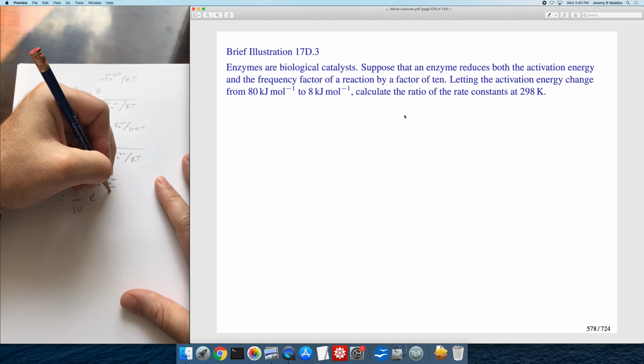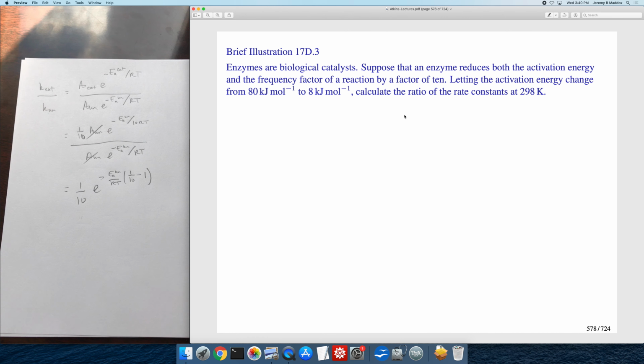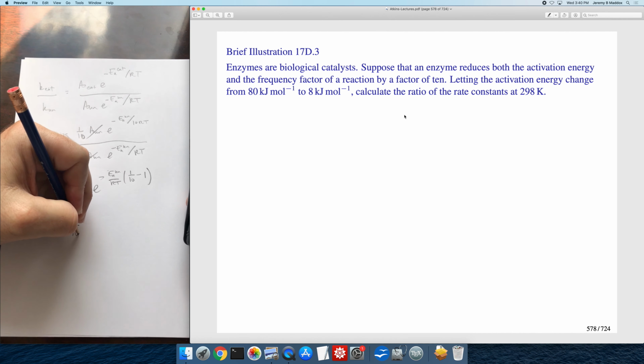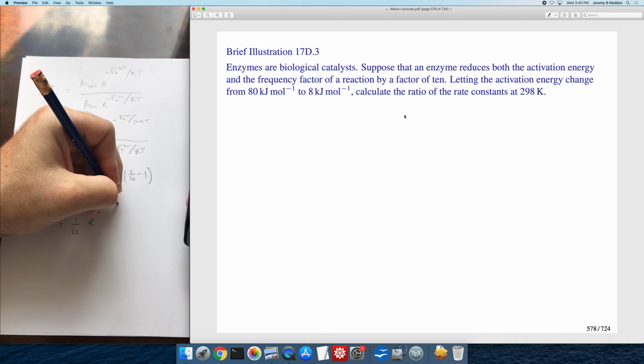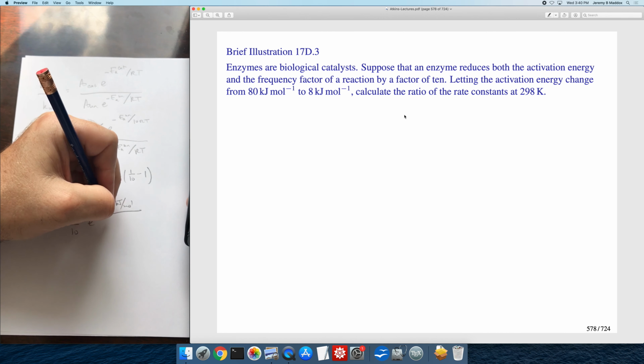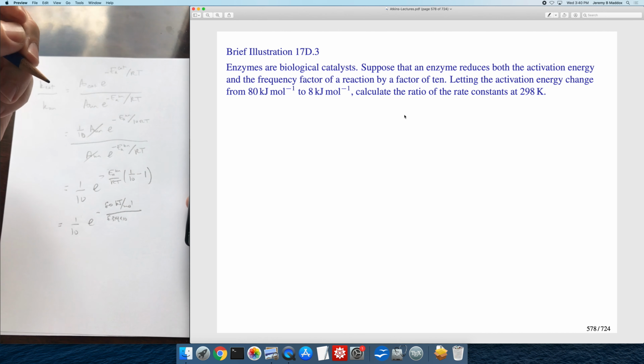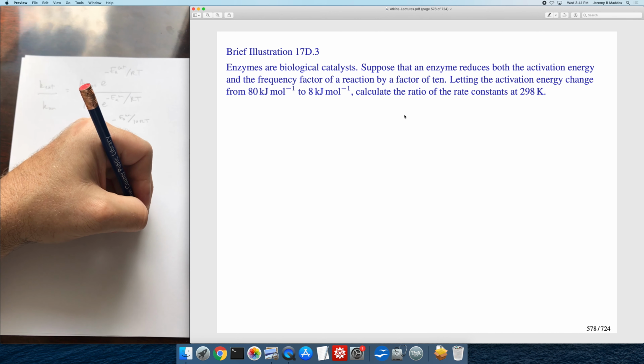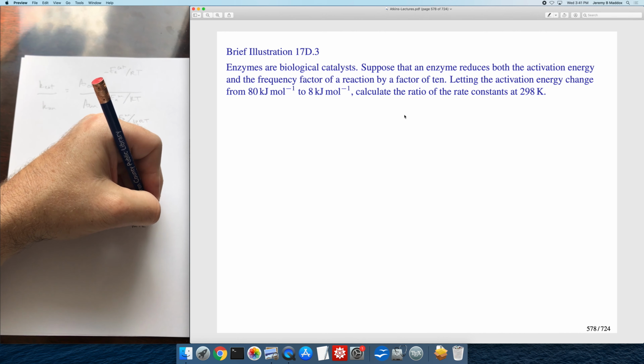And so, let's see, the original activation energy was 80, so we'll do e to the minus 80 kilojoules per mole over 8.314 times 10 to the minus 3 kilojoules per mole Kelvin, times 298 K, times negative 9/10.